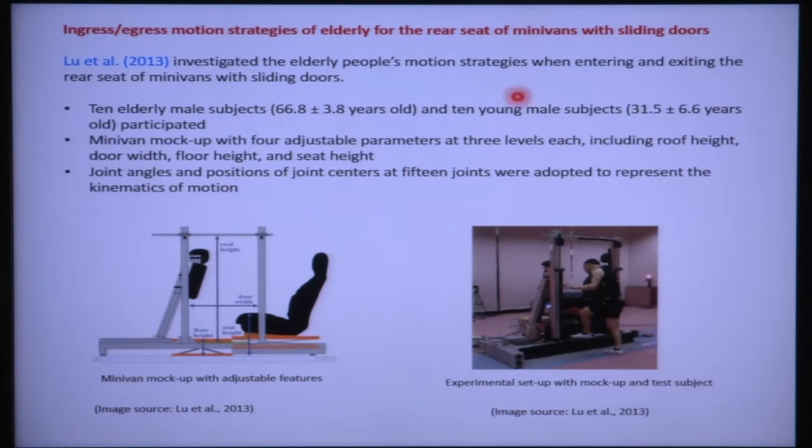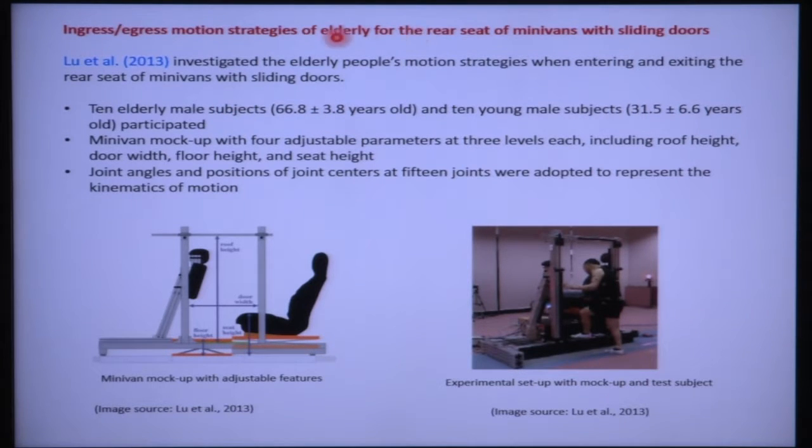Next, in another paper, Liu et al. 2013, they demonstrated ingress egress motion strategies for the elderly for the rear seat of minivans with sliding door. So, their research in this particular case is related to minivans, and that is the rear seat.